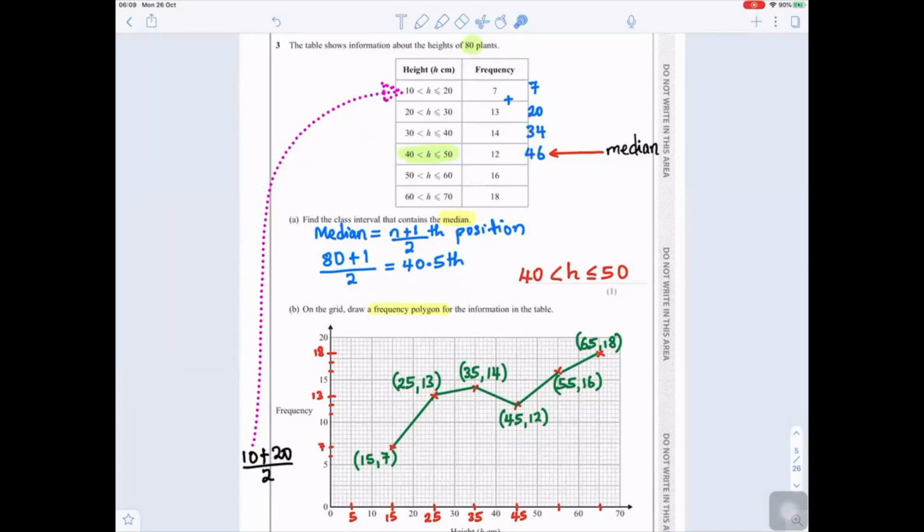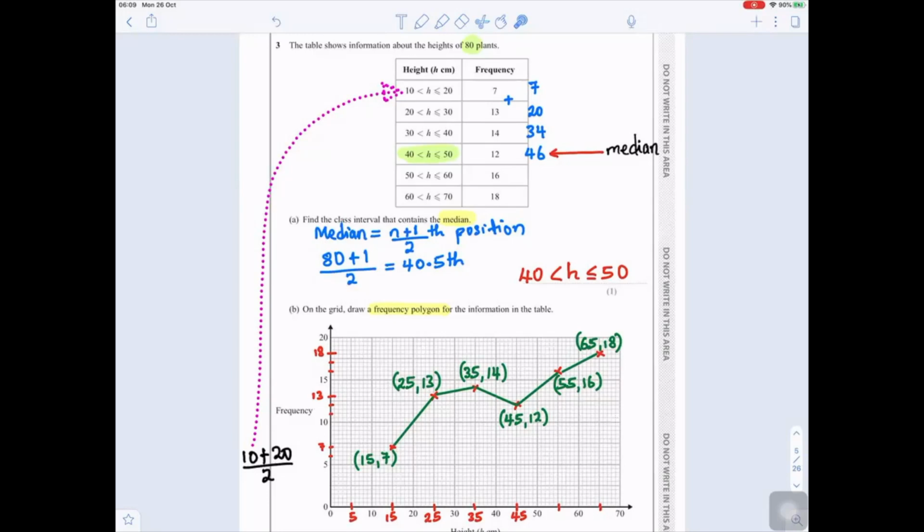But since it is the 40.5th position, that means it is inside this group, 40 less than h less than or equal to 50. That is the class interval that contains the median.